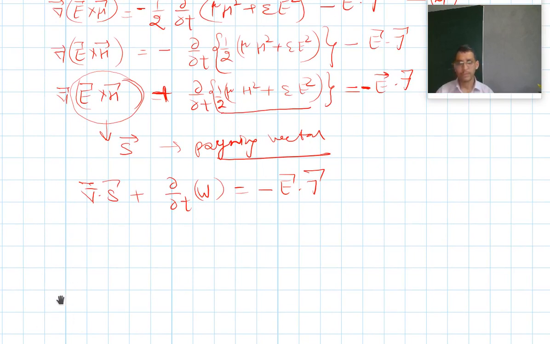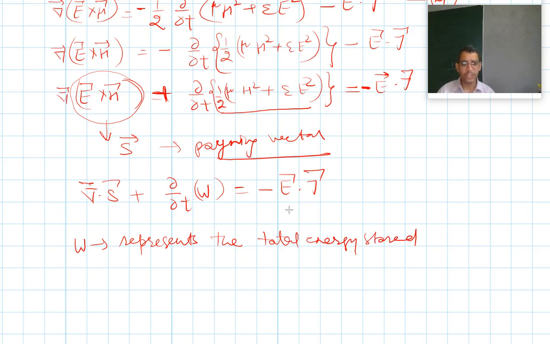Let us see what these terms represent. Here this is known as Poynting vector, and I will talk about it later. This W represents the total energy stored, and E dot J, because it has a negative sign, represents the energy dissipated.